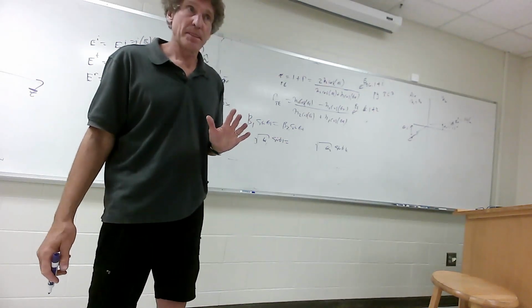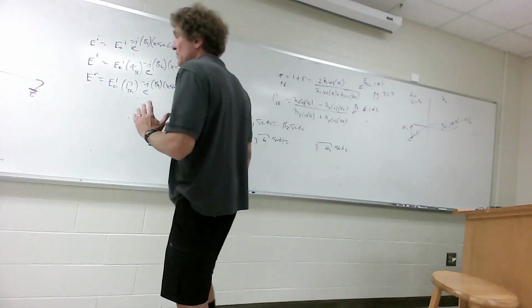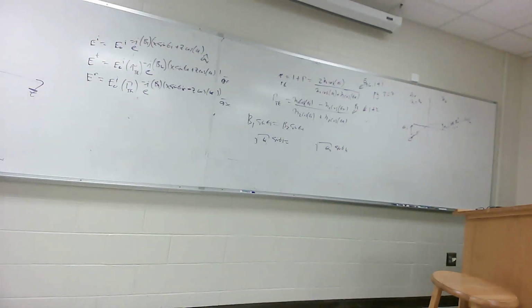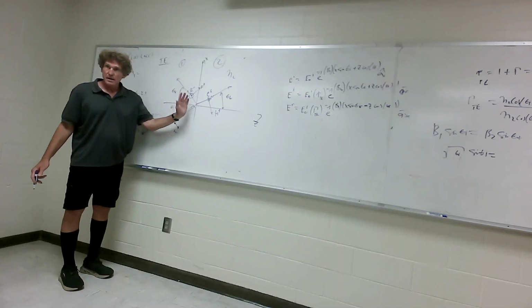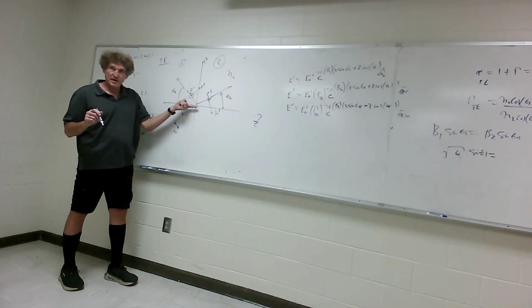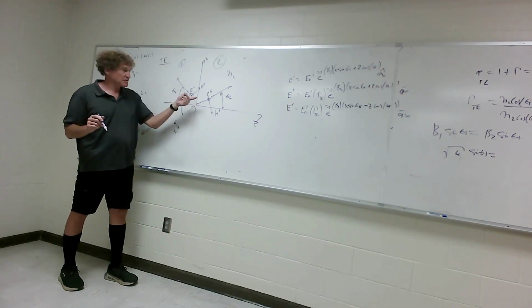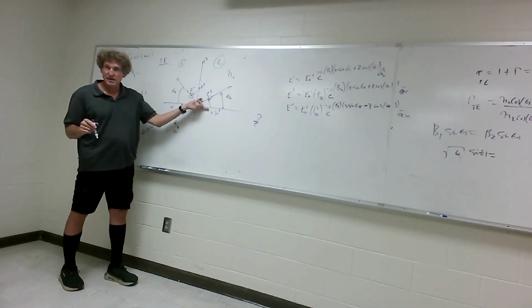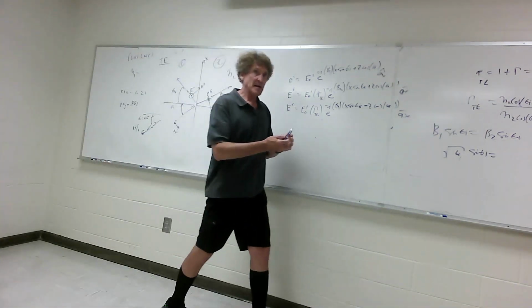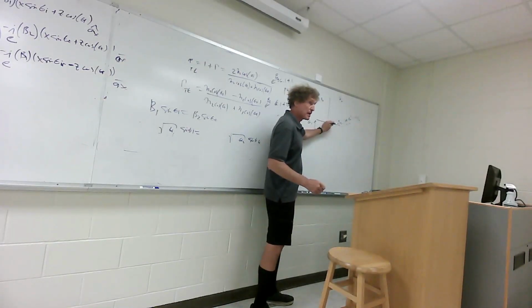I'll tell you one other thing too, and I'm not going to harp on this. If you have a normally incident wave coming in here, that means 90 degrees, it's coming right normal at that, then the incident power minus the reflected power will be the transmitted power density. But when you have an electromagnetic field coming at an odd angle, it's not incident minus reflected power density, it's transmitted.